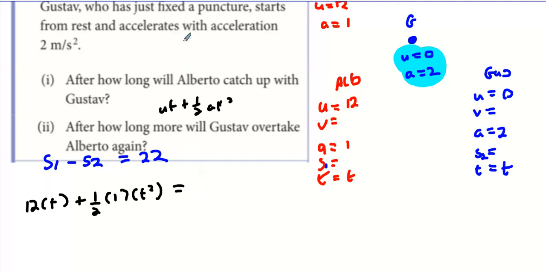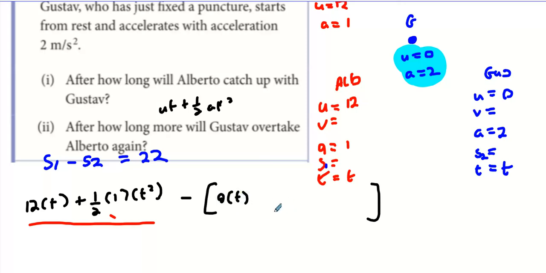Sorry, nothing at the moment. Take away who's then? That's Alberto. What do I need to take away now? I'll take away Gustav's, which is going to be 0 times T plus a half 2 times T squared, and that will equal 22.